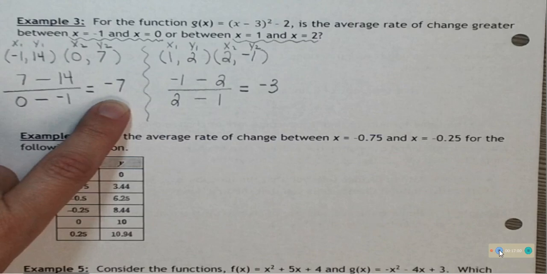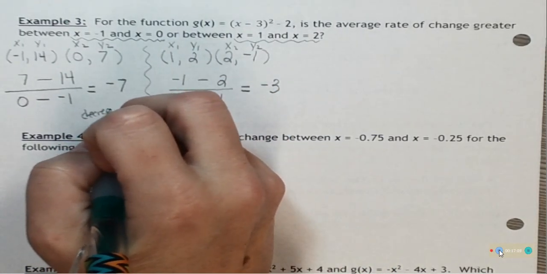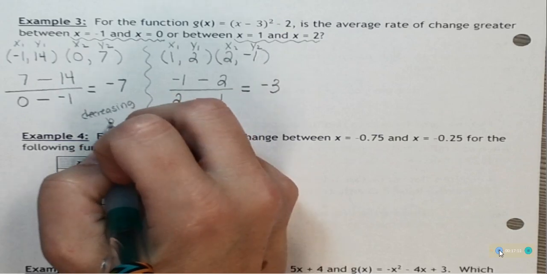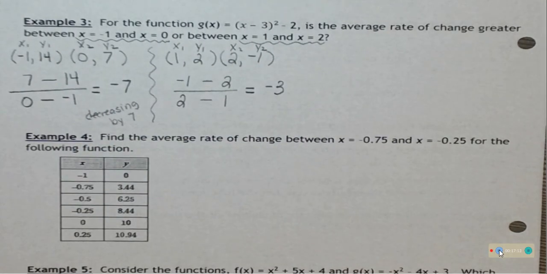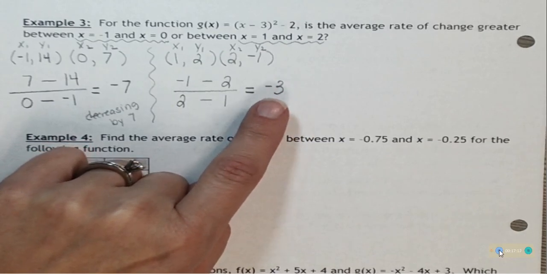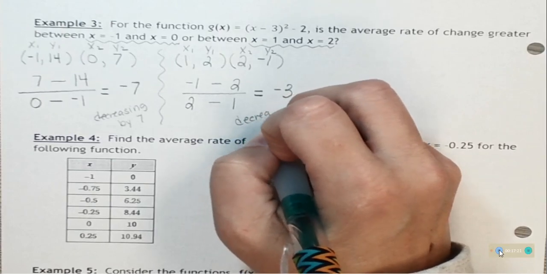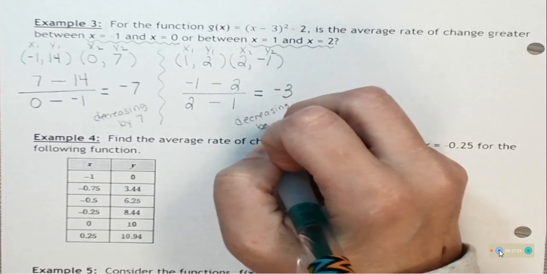It's what? Down. Back 7 from 0. In this case, because the rate of change is going down, it's going to decrease, okay? So I want you to keep in mind it is decreasing by 7. At the same time, what does -3 as a rate of change mean? Decreasing by 3. Very good. It is decreasing by 3.